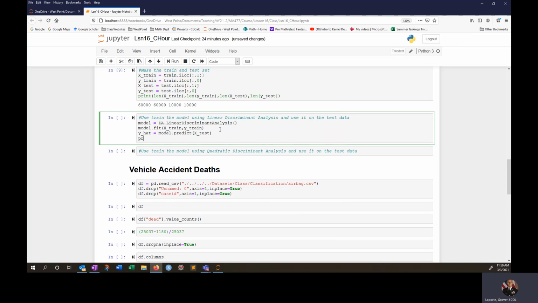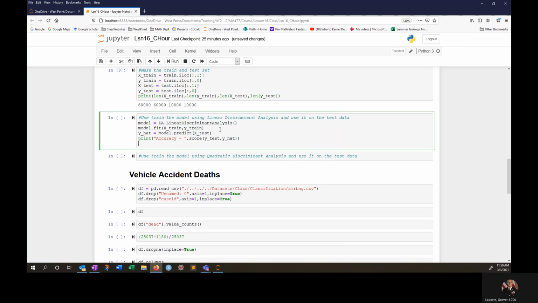Now we can print accuracy equals score with ytest. Print confusion matrix.